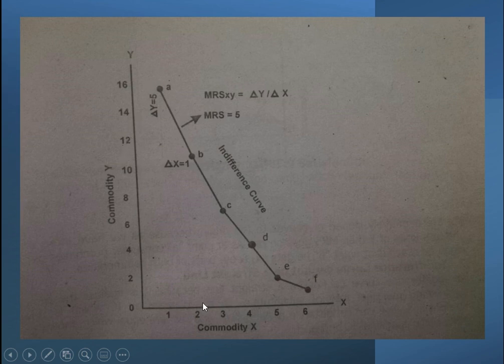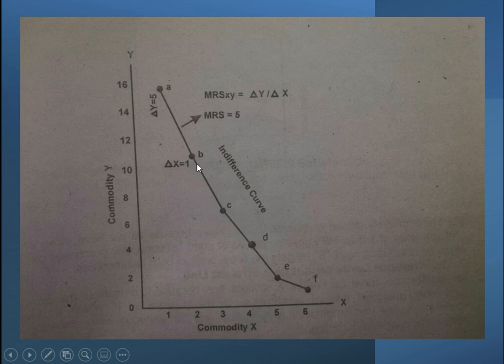When we have 2 units of X, we have 11 units of good Y, and when we have 3 units of good X, we have 7 units of good Y at point C, and similarly for points D, E and F. When we join all of these points, it gives us the indifference curve, which slopes downward and is convex to the origin. The indifference curve is always in this shape.